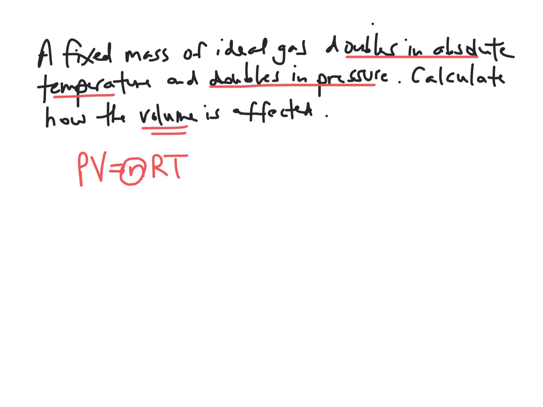We're not adding gas to the container or removing gas from the container; we're just going to change its conditions a little bit and then evaluate how that impacts the unknown condition of volume. So let's eliminate from this equation things that we know are constant. We can eliminate the moles because we said it has a fixed mass, and we can eliminate the constant R. So right away our equation is down to PV equals T.